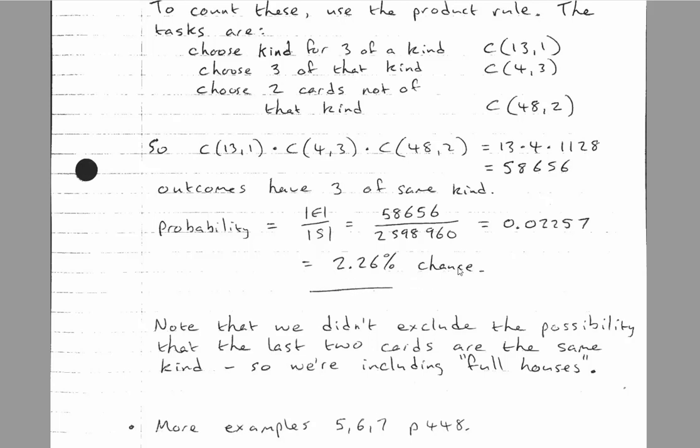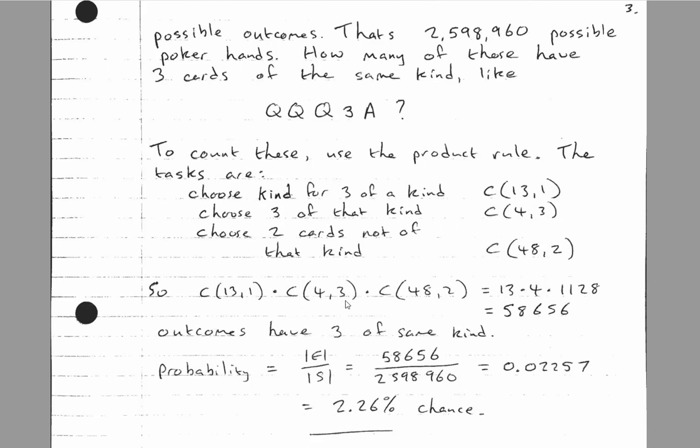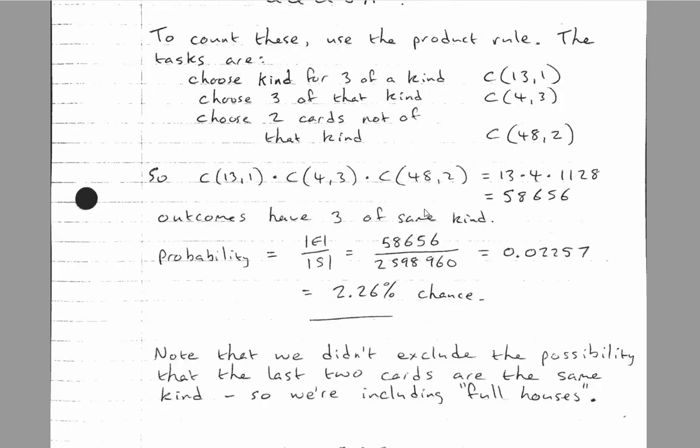So you can see it is kind of complicated, but we're just using our techniques, the product rule and combinations. The order is not important in these poker counting problems, at least not here.